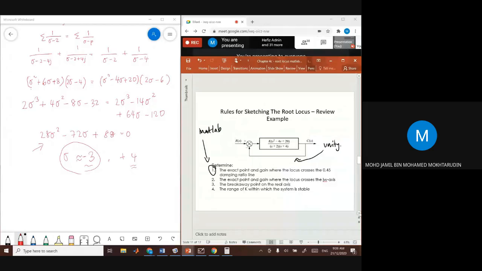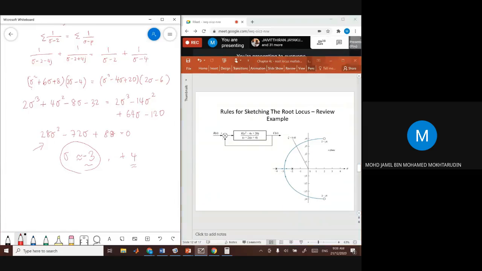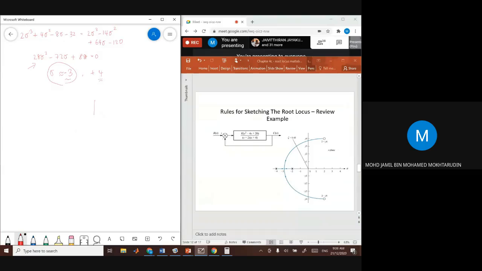So if you sketch the poles and zeros, your root locus will start from the poles and end at the zero.